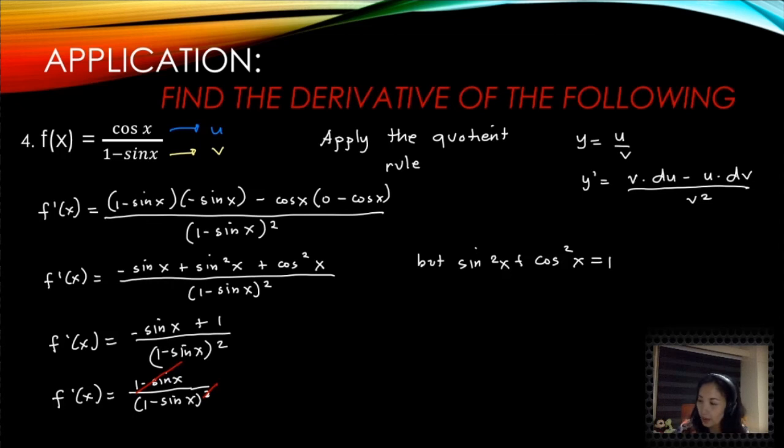So finally, the simplest answer would be 1 over 1 minus sine x. So this is our final answer. Let me enclose it in a box. So your f prime of x is equal to 1 over 1 minus sine x.